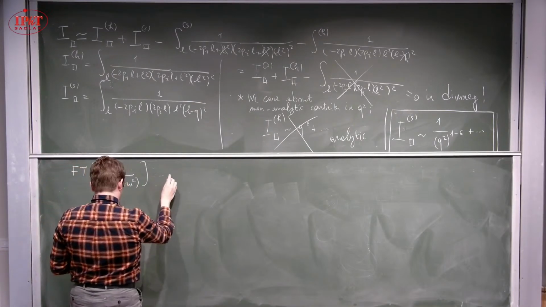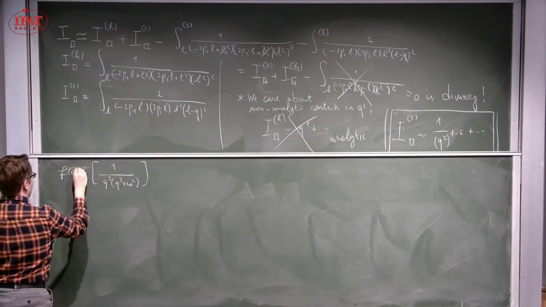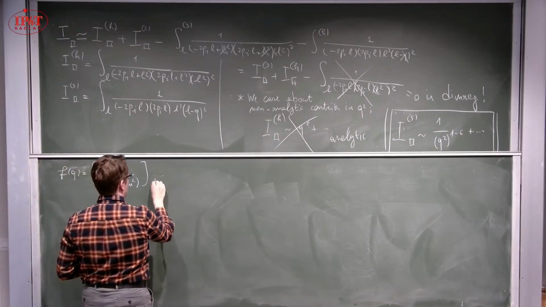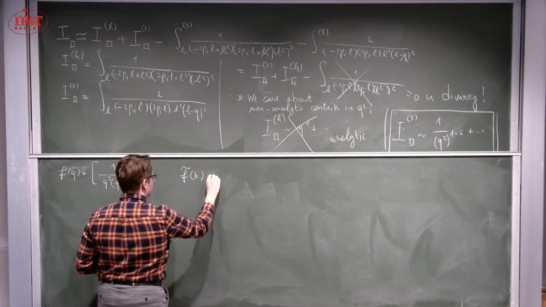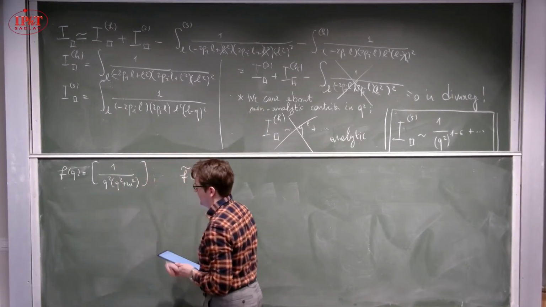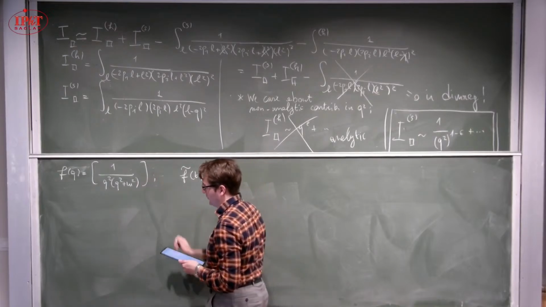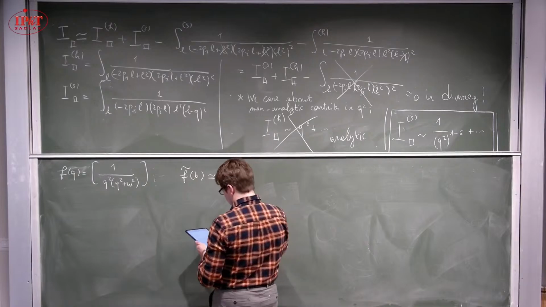So this, let me call this f(q). Then you remember there was the tilde, it was our Fourier transform, f tilde. This one is a case in which you can perform it exactly without neglecting this q squared with respect to m squared. You can find it.